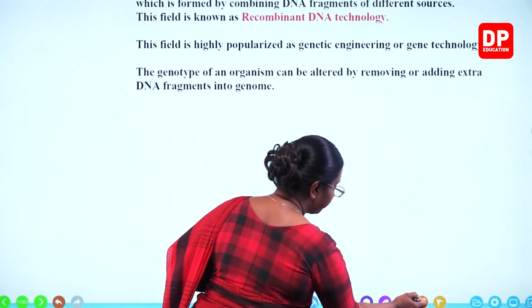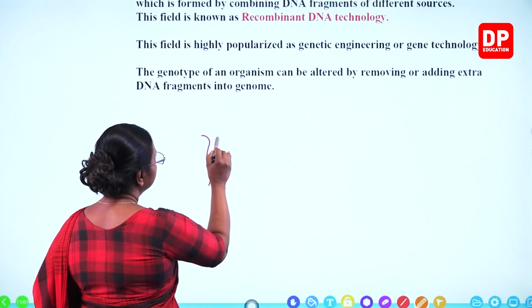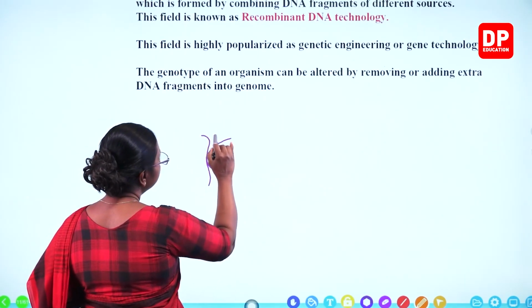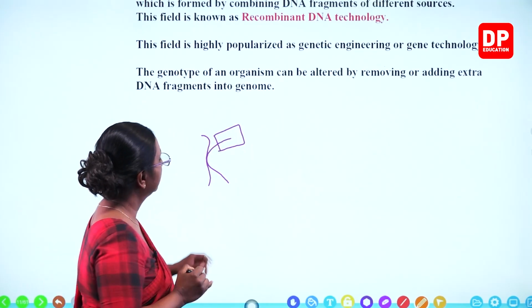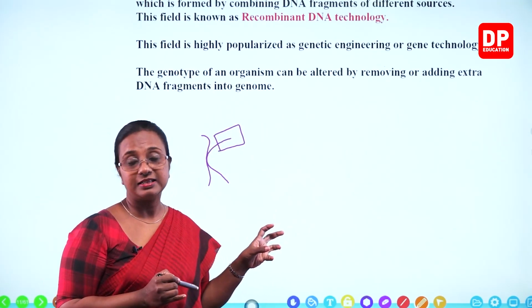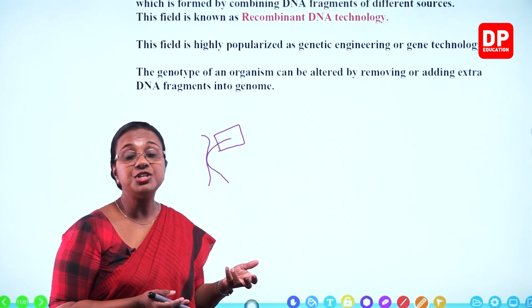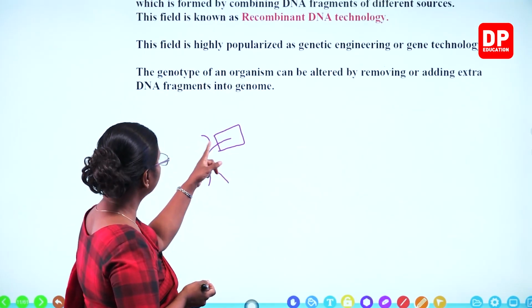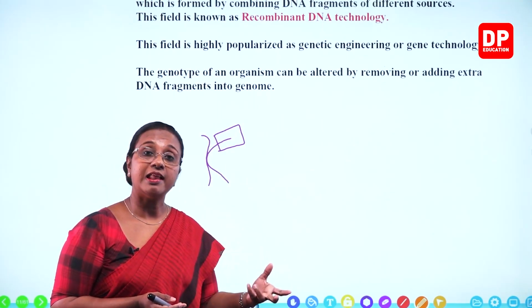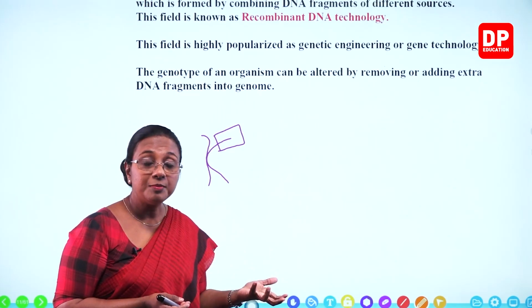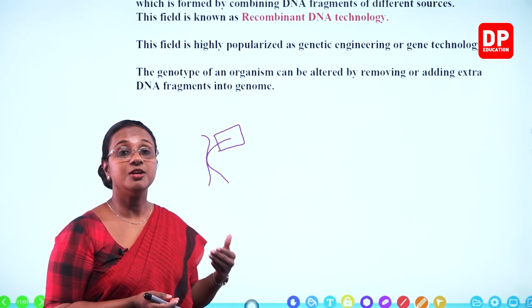Now let's say we have a chromosome like that. This part of a chromosome has a very desired characteristic. Let's say it's rich in nutrients. This particular chromosome leads to a character where the plant has produce that is rich in nutrients.